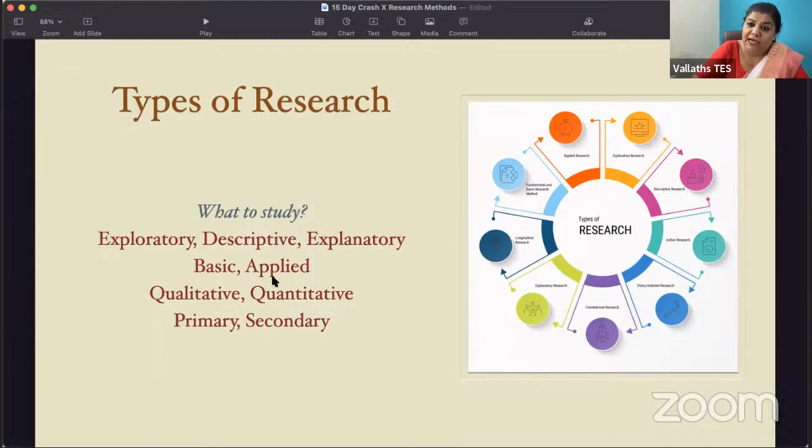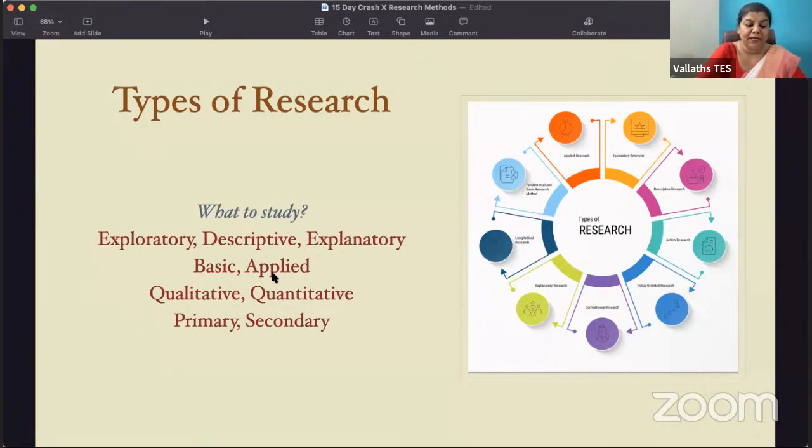Quantitative research is done usually in the context of library science, language studies, or classroom or pedagogical studies. All these disciplines will make use of quantitative research methods.